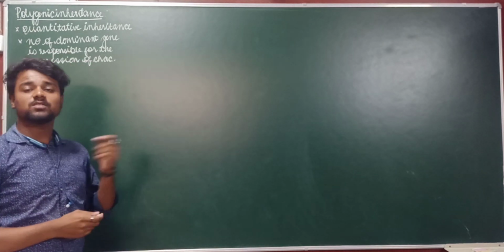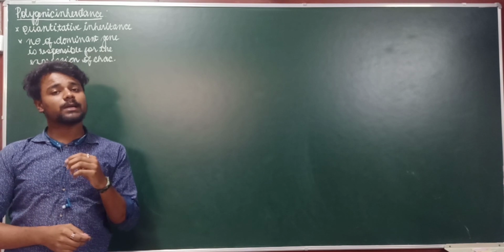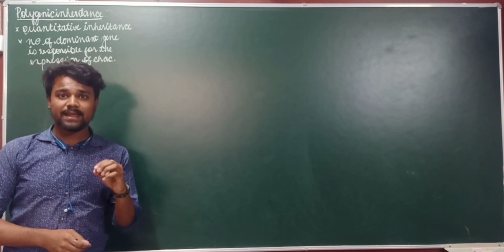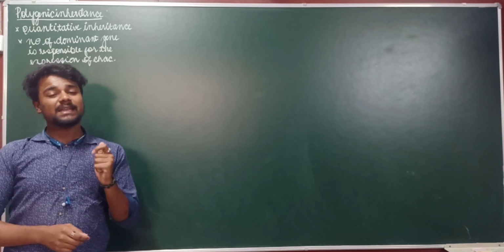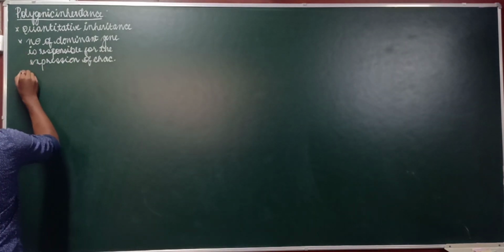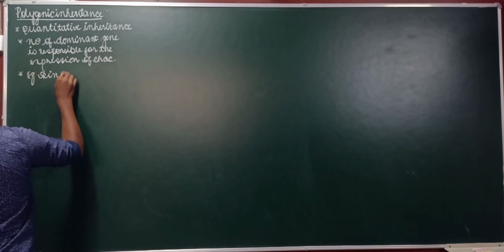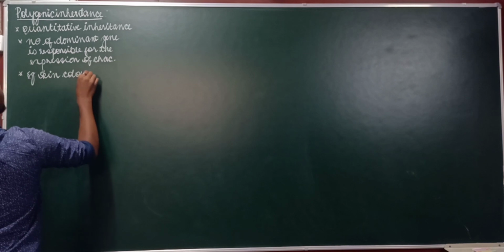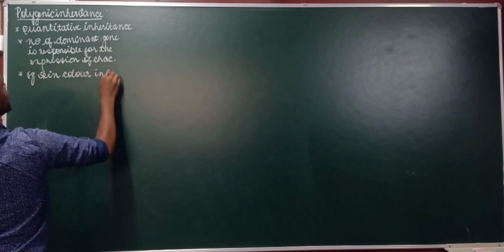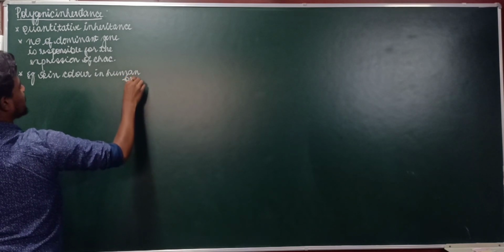So polygenic inheritance is also called quantitative inheritance, and in this character it is mainly maintained by the number of dominant genes. The best example for polygenic inheritance that I'll be explaining in this video is skin color in human beings.